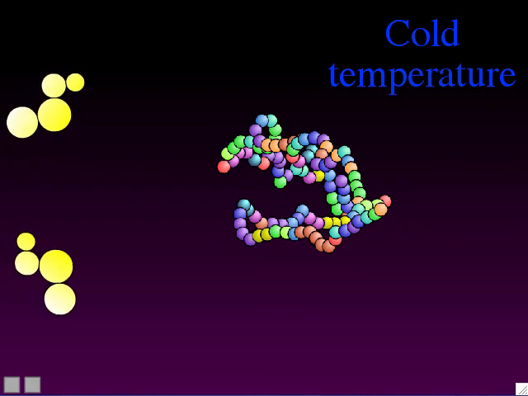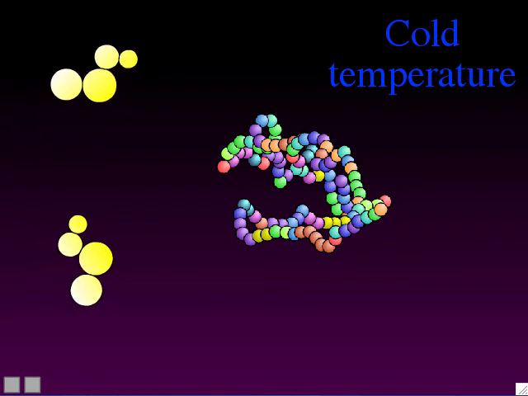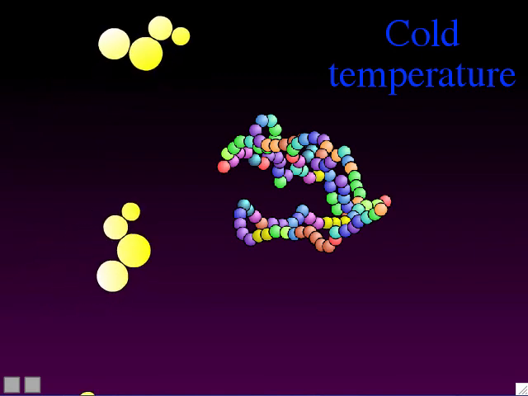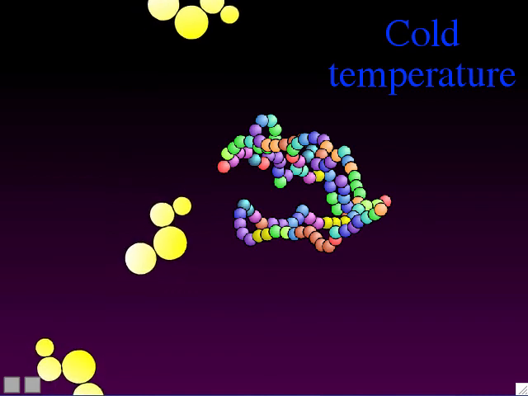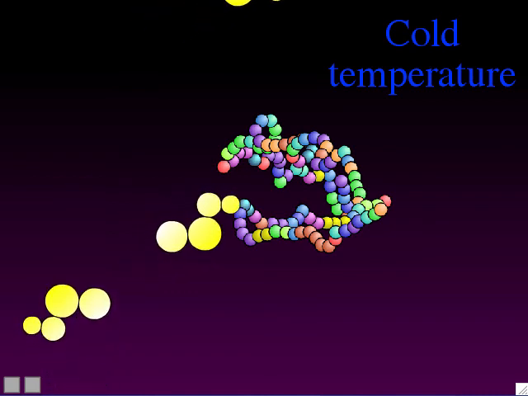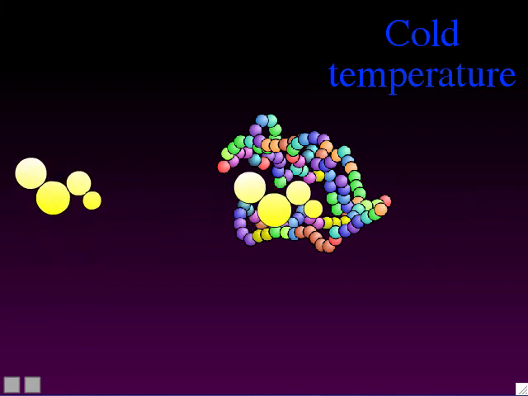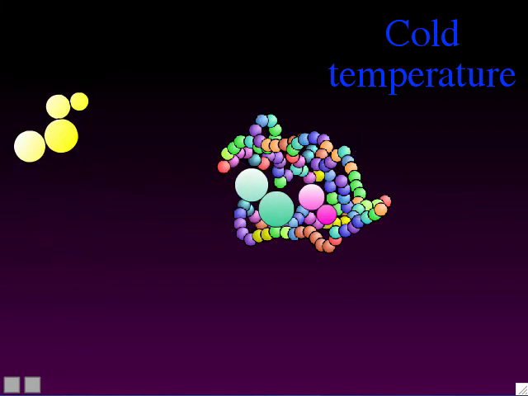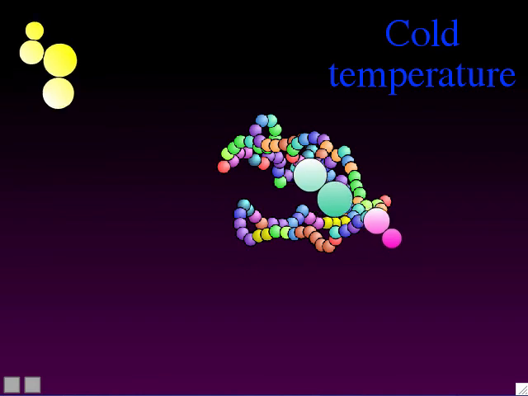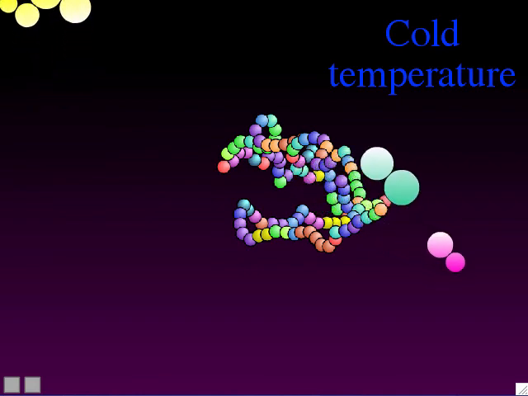All molecules move more slowly at cold temperatures. So it's just going to take longer for substrates to drift into this enzyme and have the chemical reaction occur on them. And so we're going to get fewer chemical reactions from this enzyme per second, and the activity of this enzyme is going to be lower.